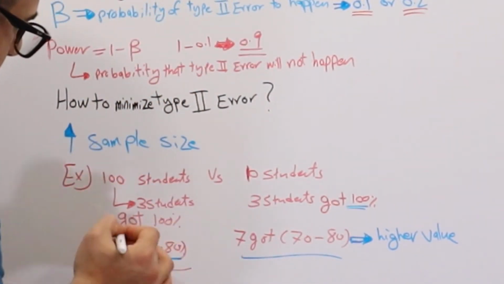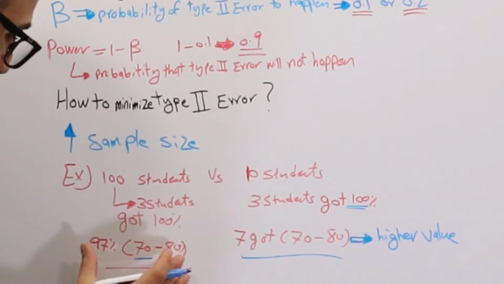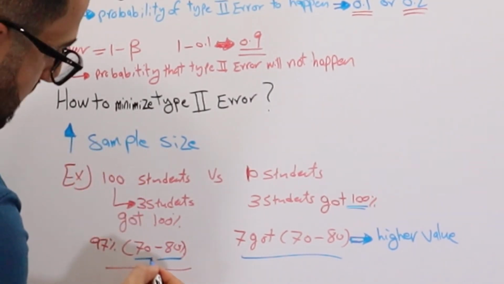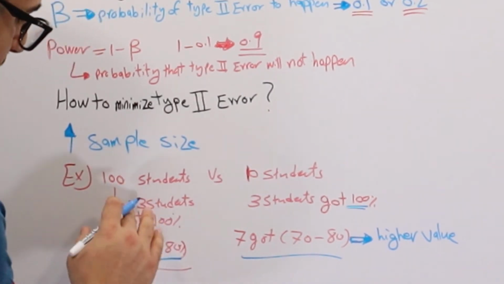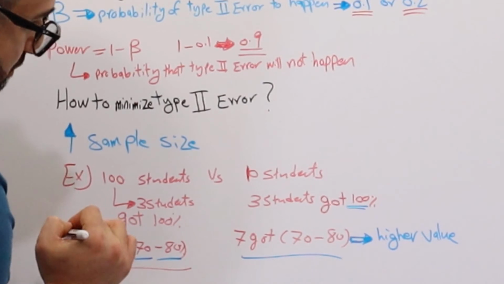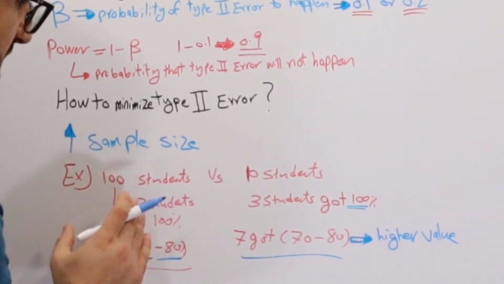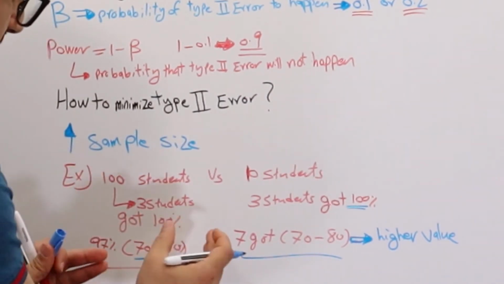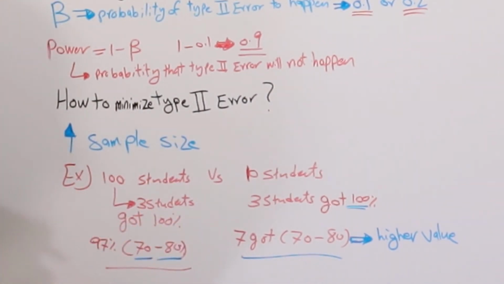In comparison to this study over here, because we have a larger sample in this case, most students got between 70 to 80. Therefore, it's not going to be shifted to 100, even though 3 students got 100%. It's not going to be shifted to that direction because most students got between this range, 70 to 80.